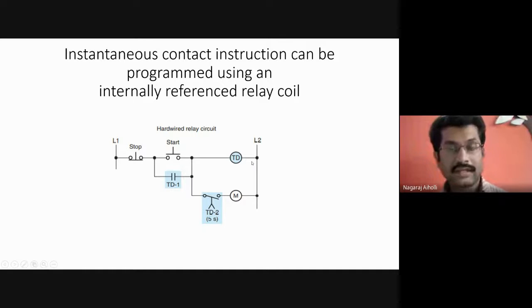When the stop button is not pressed, it is in the normally closed state, and hence this TD1, a normally open relay contact, will seal in the timer delay coil output. What does seal in mean? It will maintain the current in the circuit even after the start switch is released.